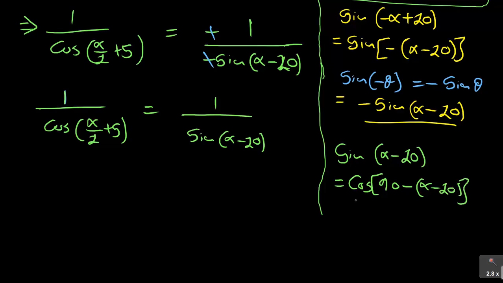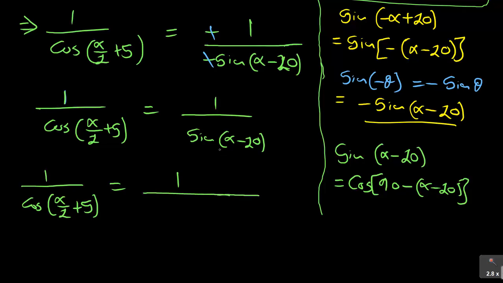That is how you convert that using the cofunction. So this will be 1 over cos of alpha over 2 plus 5 is equal to 1 over, now I use the cofunction of sine, which is cos, but I subtract the angle from 90, and the angle is alpha minus 20.